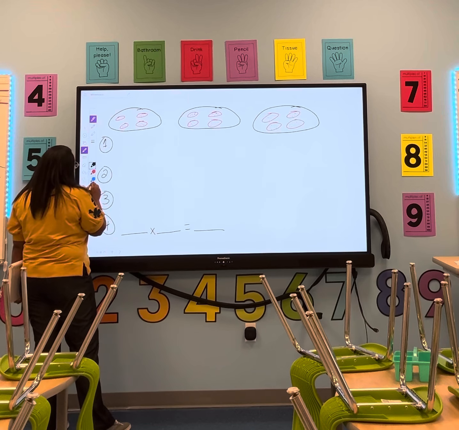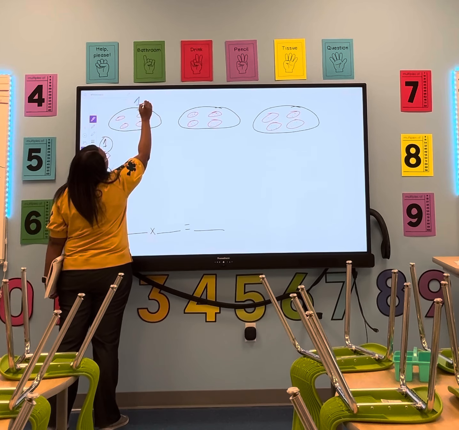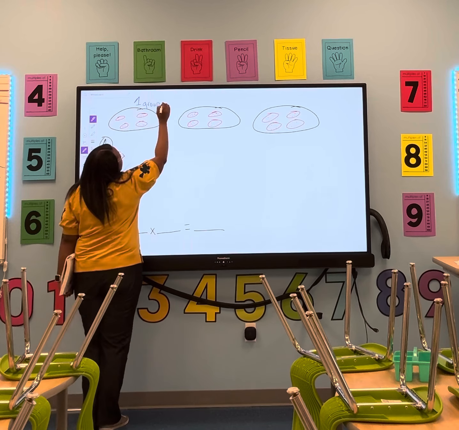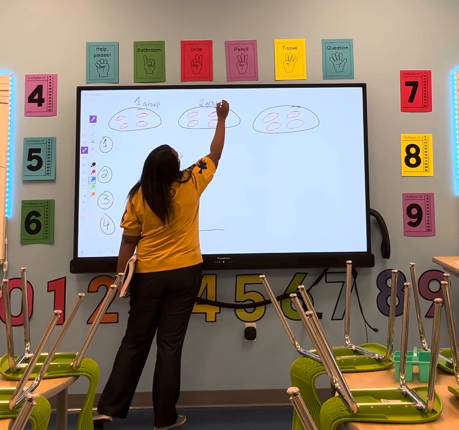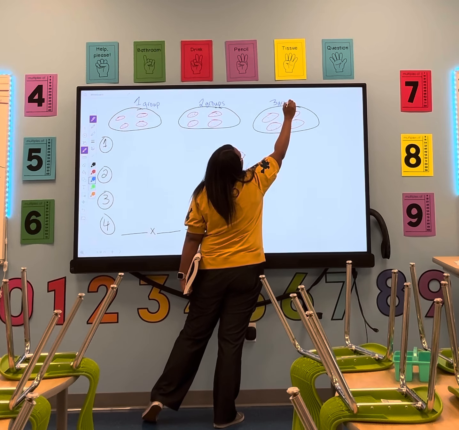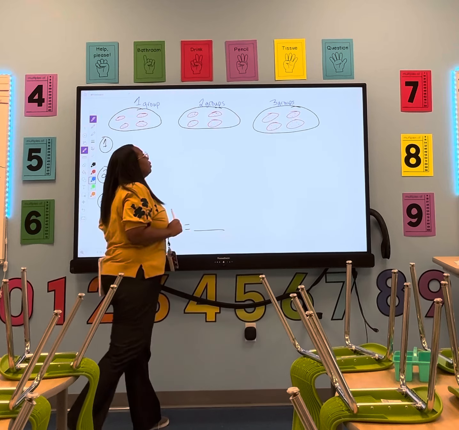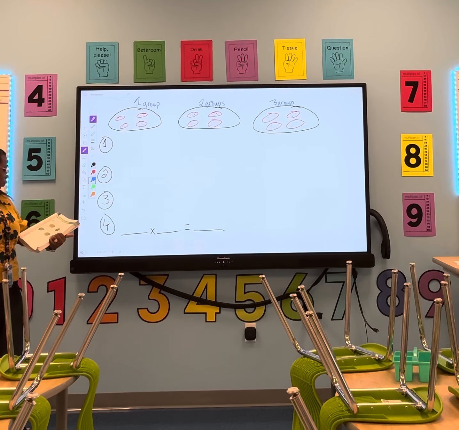If I look at this, I can say this is 1 group. This is 2 groups. And this is 3 groups. So the question asks how many equal groups are there?